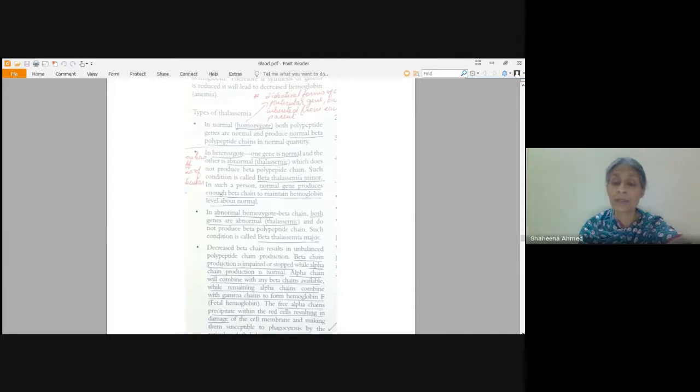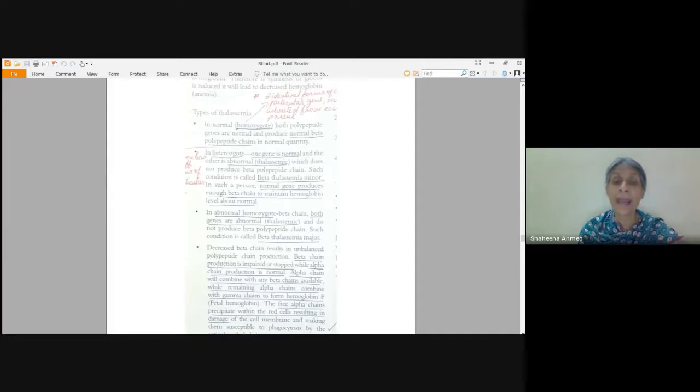In other words, the mother and the father both contribute one gene each, and both genes are identical. So, in normal zygote conditions, the mother contributes a normal beta chain and the father contributes a normal beta chain. This forms a normal beta chain complex.